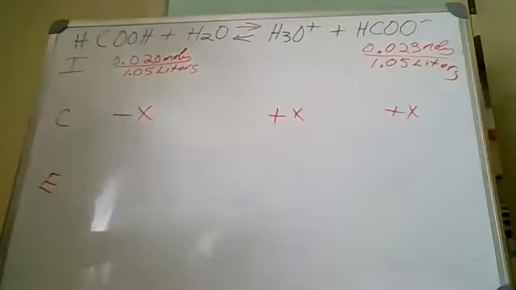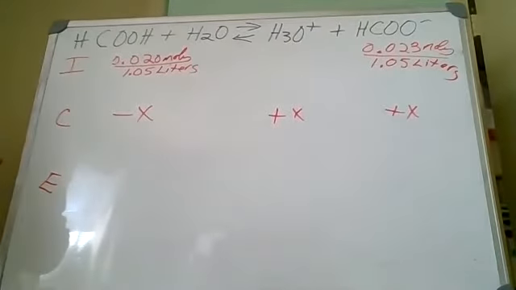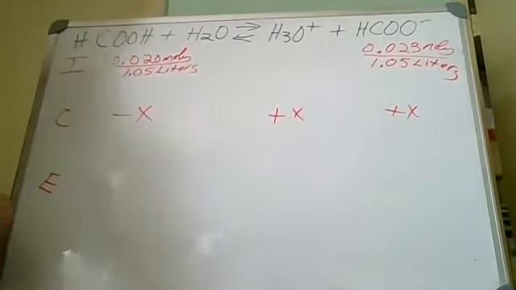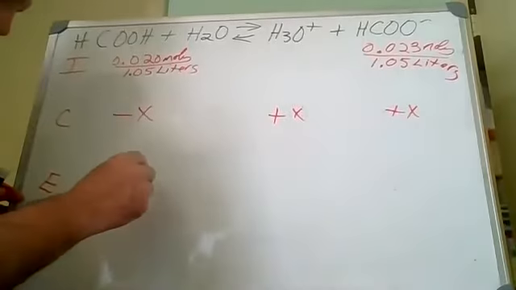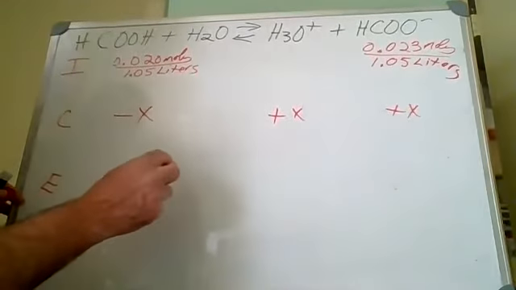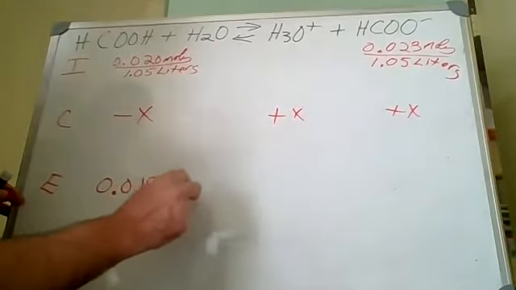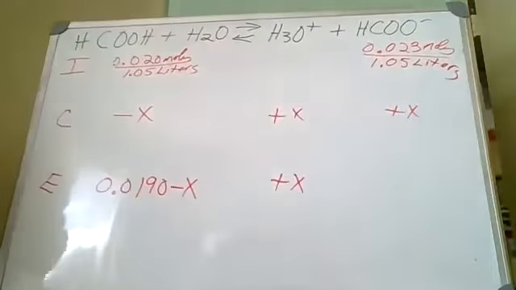So 0.020 divided by 1.05 equals, and I get 0.0190 minus X. This will be plus X, okay?